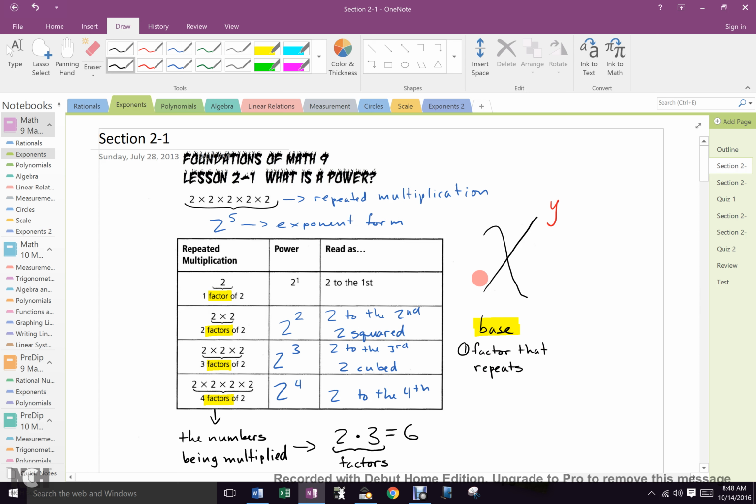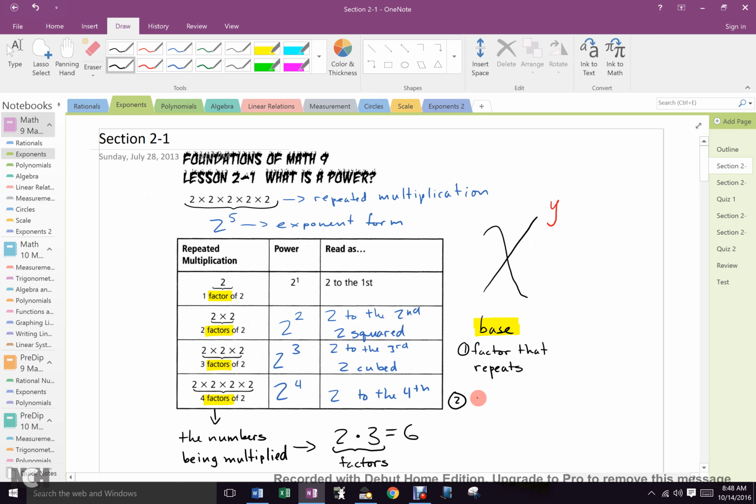Stephen? No, exponents are in the next unit. Okay? Everybody cool? Whatever x is, that's the thing that we're going to repeat over and over and over again. Even if it's a fraction, even if it's a decimal. Okay? The other thing you need to know about bases is this.